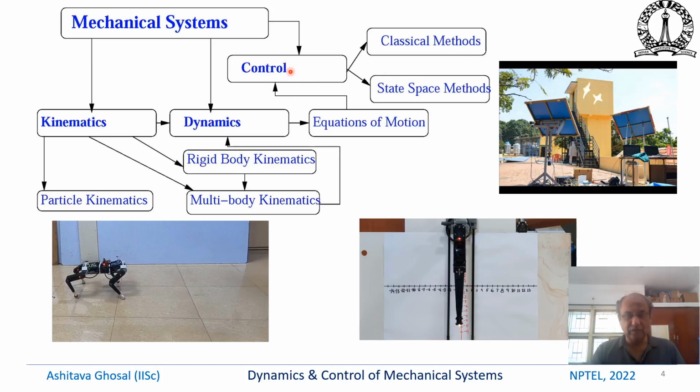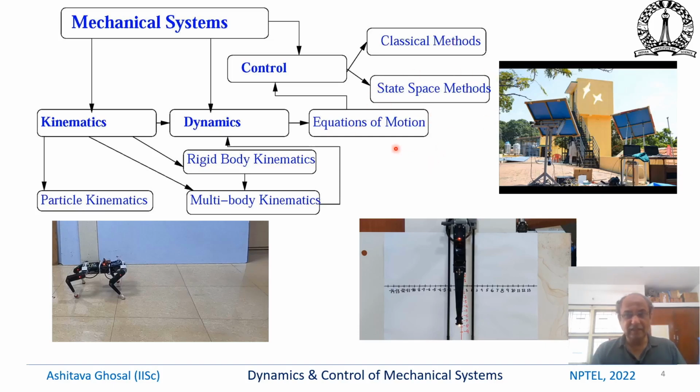So when a force or a moment acts on the mechanical system, the trajectory or the motion of the mechanical system is defined. However, we would like to have a desired motion of the mechanical system, and this is the area of control. There are 2 main ways of doing control. One of them is called the classical methods, where we look at what are called root locus and frequency domain and so on. And then there is also the state space method.